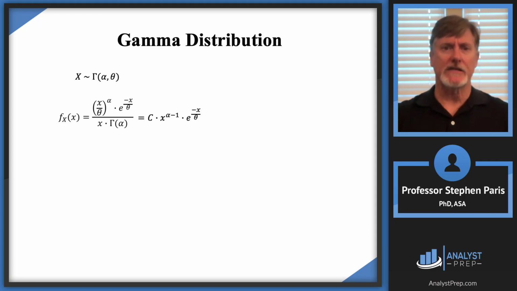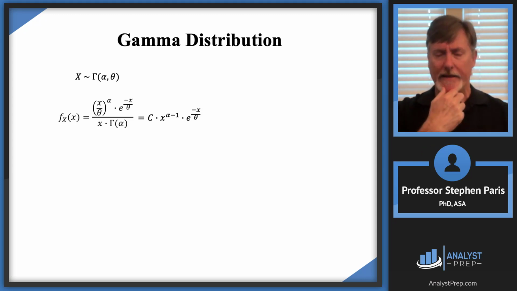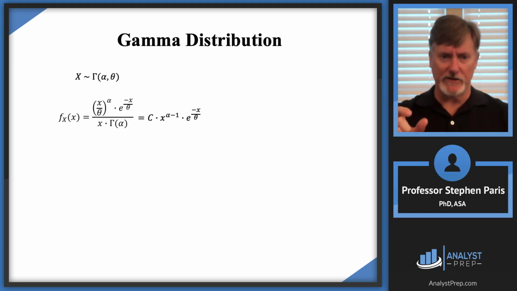Now, the x is the placeholder variable. So I got an x to the alpha from raising x over theta to the alpha power, but then I have an x in the denominator. And so I could combine those two, and that's going to simplify to x raised to alpha minus 1. And then I have the exponential factor in the numerator that I'm just going to keep exactly the same.